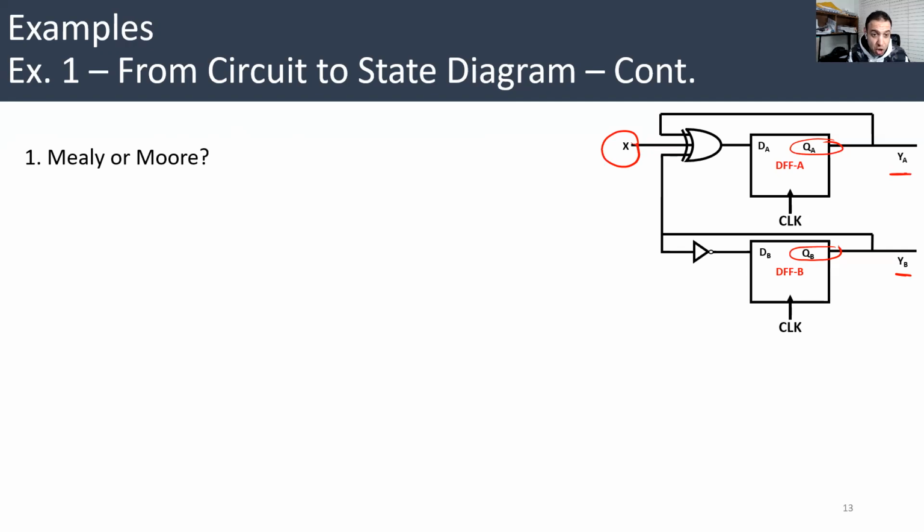No, because look, YA is just shorted to QA. I mean, YA is exactly equal to QA, a function of QA only. And YB again is shorted to QB, equal to QB, a function of QB only. So Y is not a function of X, the input of the synchronous circuit.